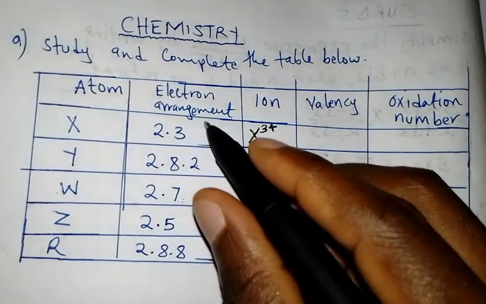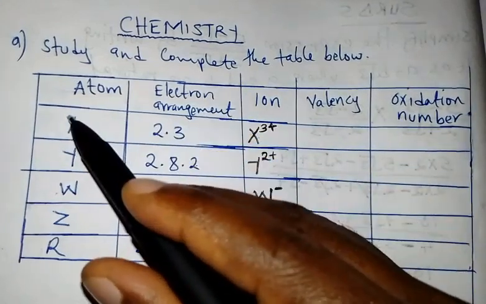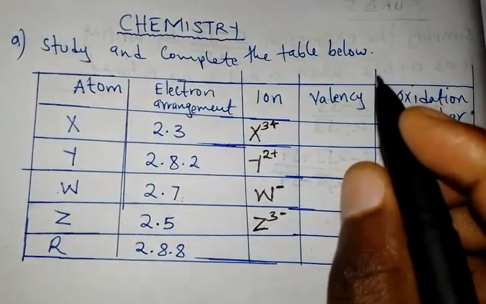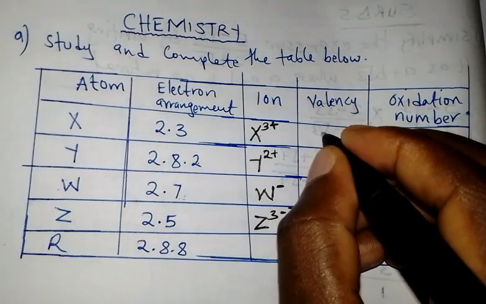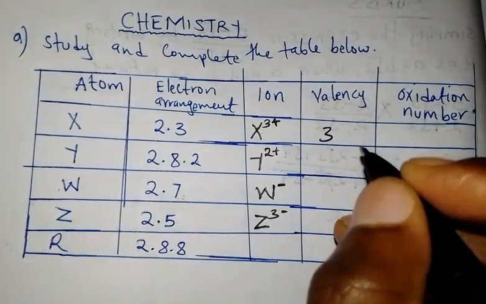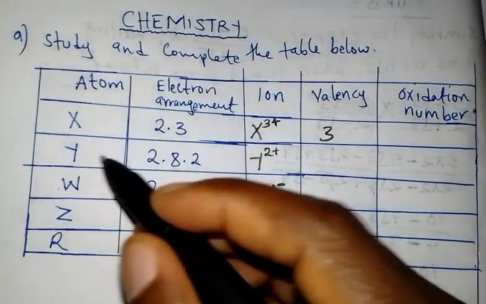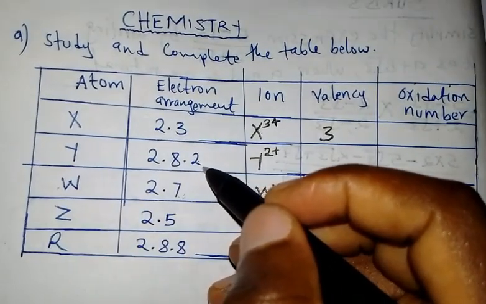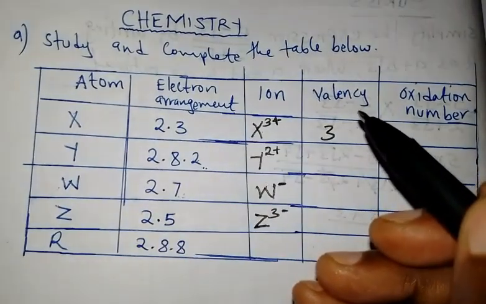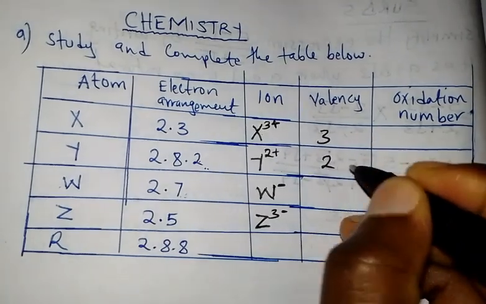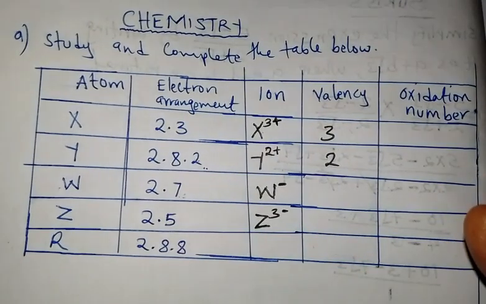So how many electrons did the atom X lose for it to become stable? It is 3, which tells us the valency number of X will be 3. Y lost 2 electrons for it to become stable. So the valency number of Y will be 2.